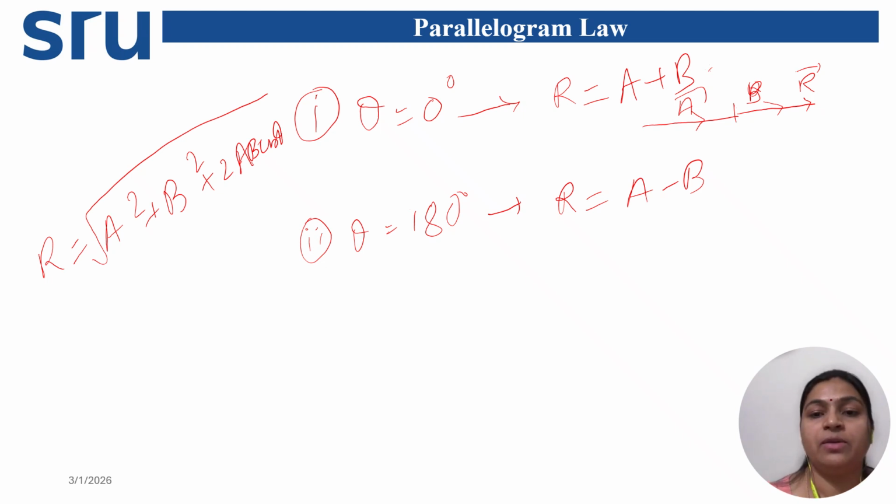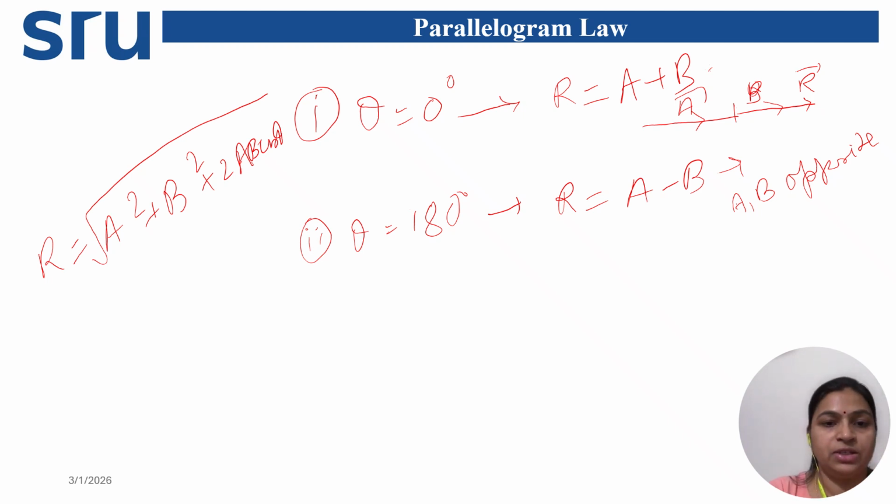And r equal to a minus b means both the vectors are collinear but in opposite directions. So here a and b are in opposite directions and there both a and b are in the same direction.